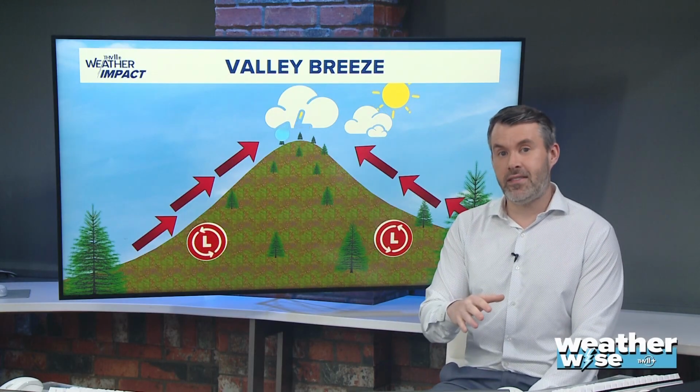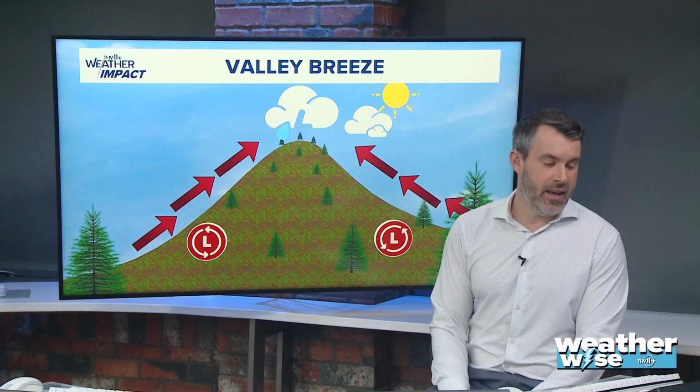Once the sun sets, the opposite happens. And we go from a valley breeze, because that's where the wind direction is coming from the valley and up to the mountain, to a mountain breeze. So in this case, we've got the temperature 35 degrees along the side of the mountain, and in the valley, it's 39 degrees.